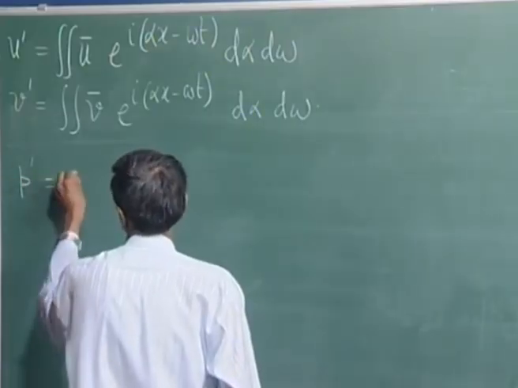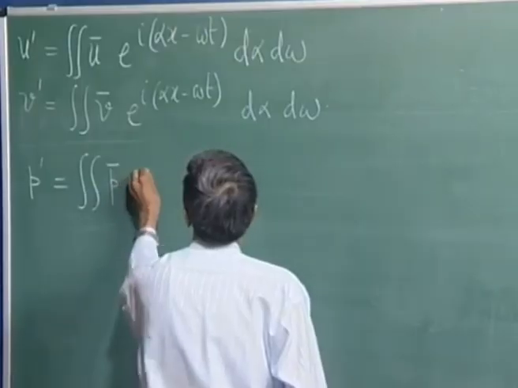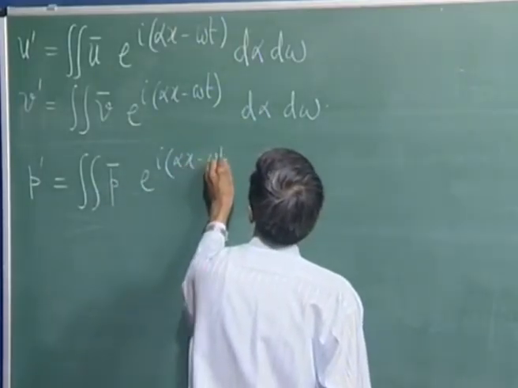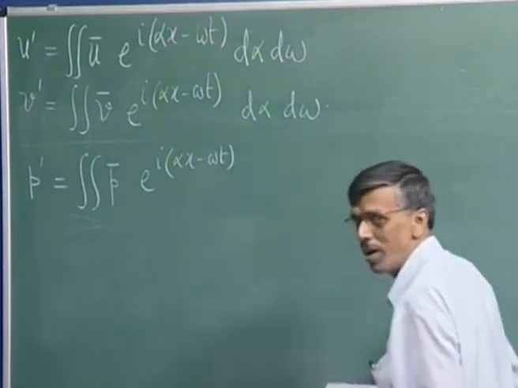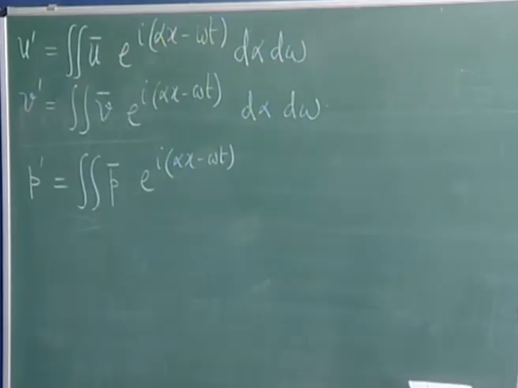p prime should be equal to its amplitude p bar times the phase. Although I am calling it a phase, that is a very loose way of saying, because if it has an imaginary part, it would also contribute to the attenuation or growth of the amplitude.